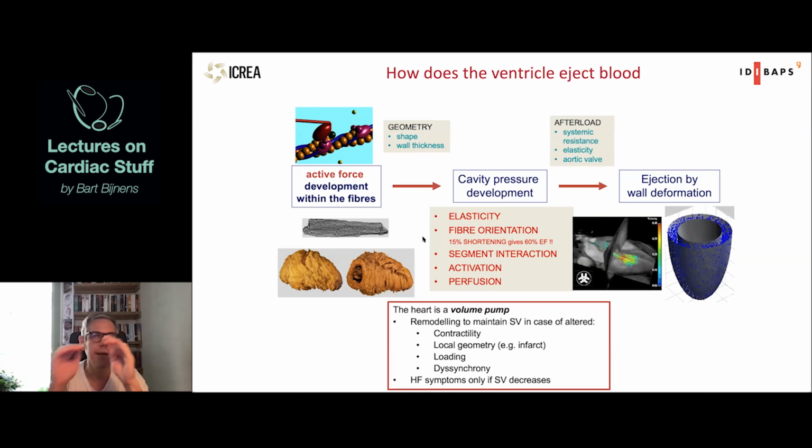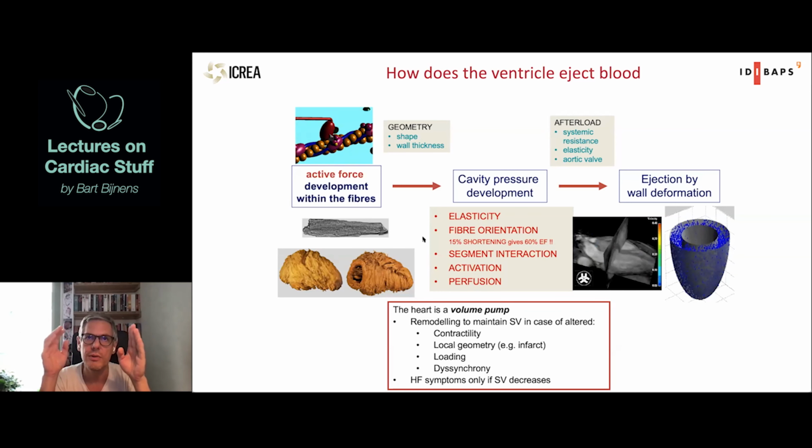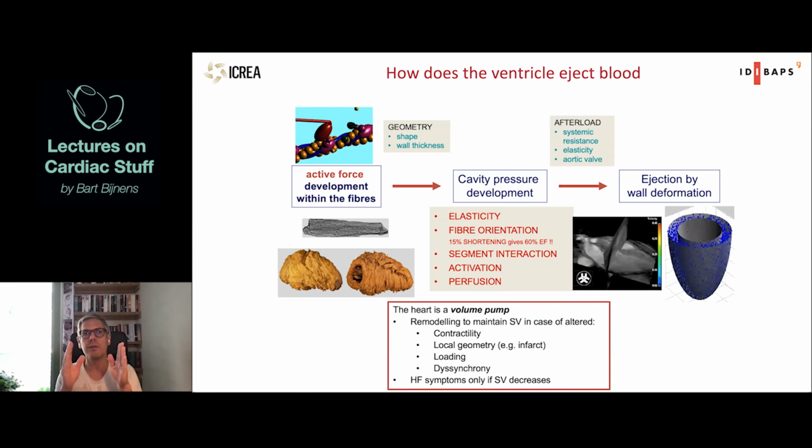It's especially the amount of deformation that is important when we go to volume load, because single cells can shorten maximally 10 to 15%. There is relatively little modulation possible there. As I said before, you can change deformation acutely a little bit, but not a huge amount. This is important to know when you have remodeling, for example.